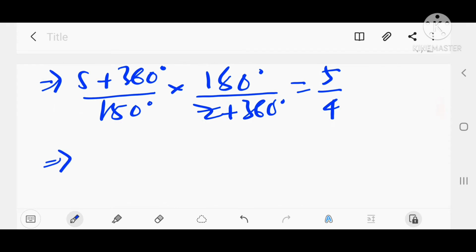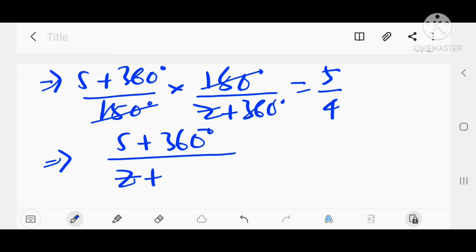So this and this go off. We have (s plus 360) on (z plus 360) equals 5 on 4. We can forget the degrees to make it simple.